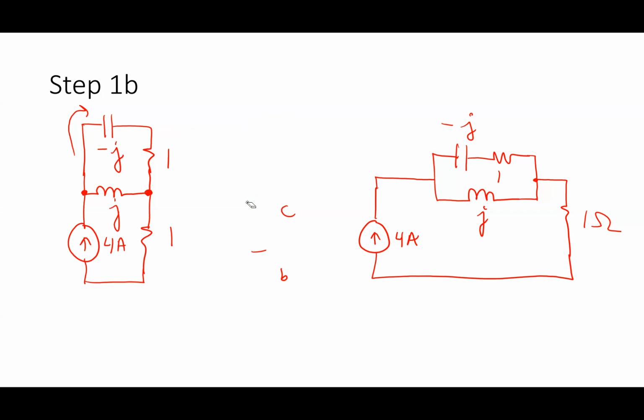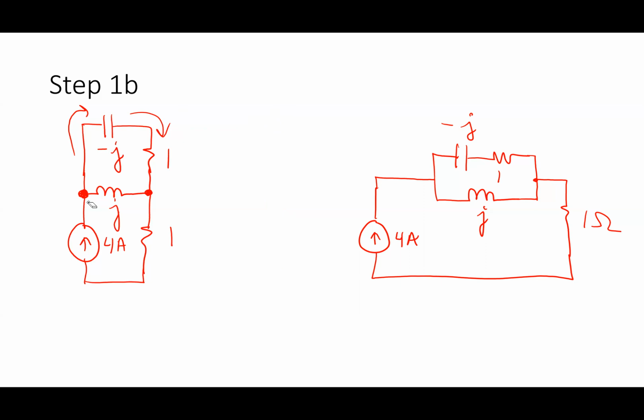Because maybe that'll help. Now I can see here that the 4 amp and the 1 ohm are in series, right? Because they both have 4 amps through them. The 4 amps, when it gets to this node right here, right, it splits 2 ways. Part of that current goes into the negative J and the 1 ohm in series with each other. And then part of it goes into the J, right?